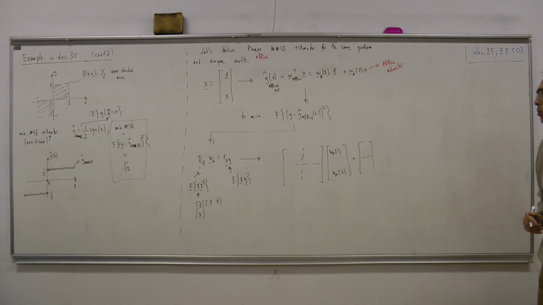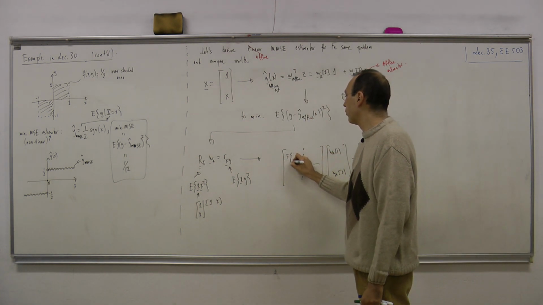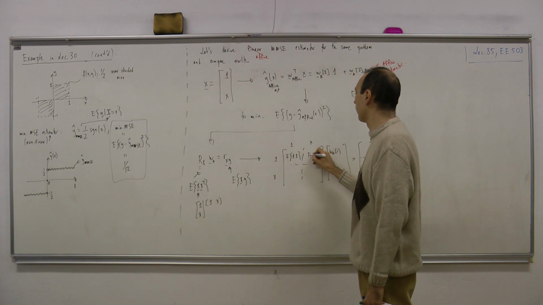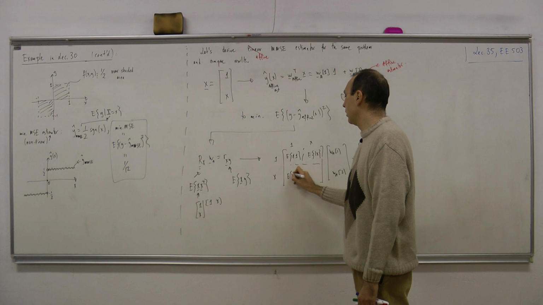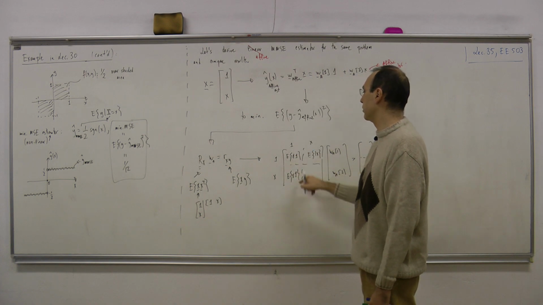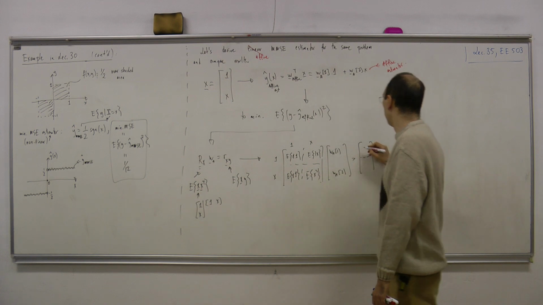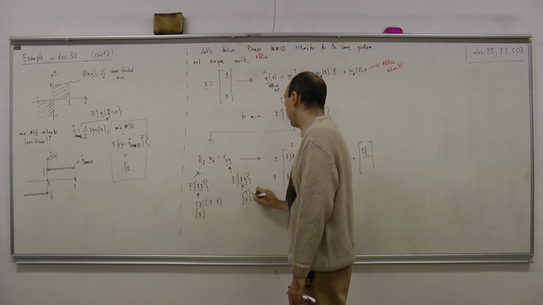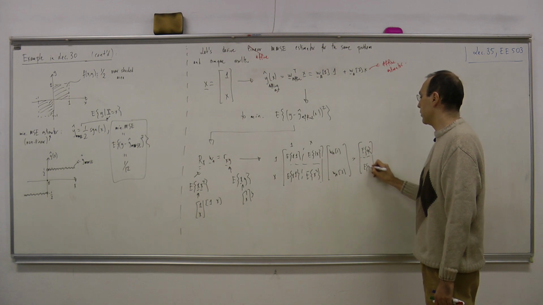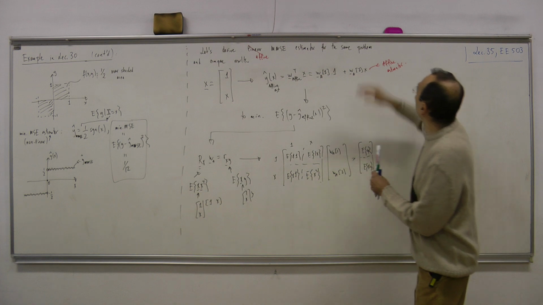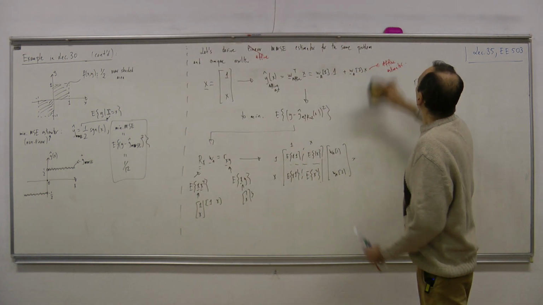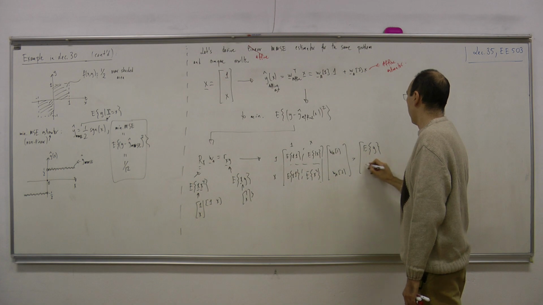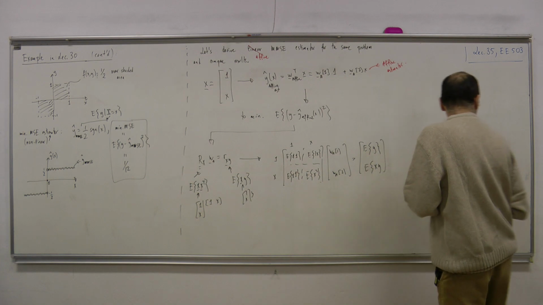I have the expected value of 1 times 1, the expected value of 1 times x, the expected value of x times 1, and the expected value of x squared. On the right side, I have the expected value of y and the expected value of x and y.